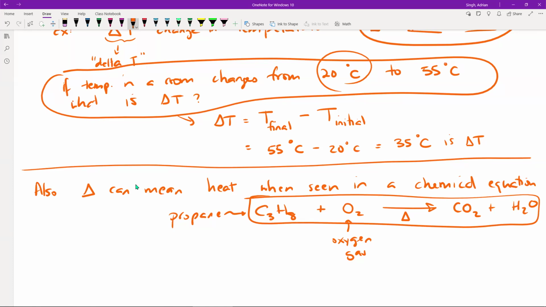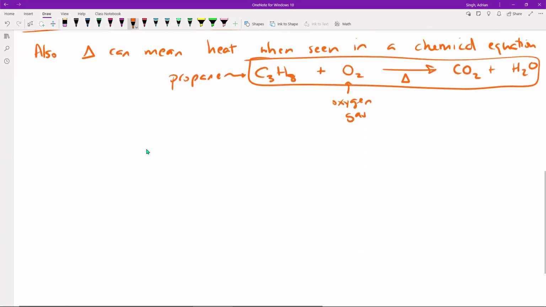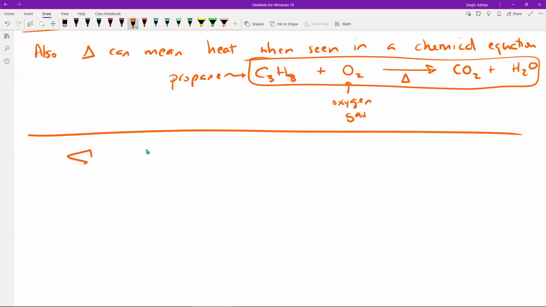Okay, and you'll see this a lot in science. Certain symbols mean slightly different things depending on where you see them. Again, the triangle here is a good example of this. Okay, let's take a look at another symbol that we're going to see a lot, and that is the symbol that kind of looks like an E. And just like the triangle above that meant delta, this here means uppercase sigma, and sigma here means the sum of.